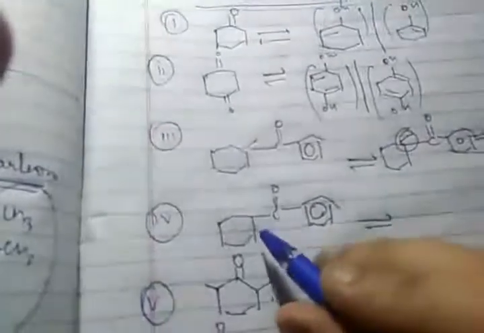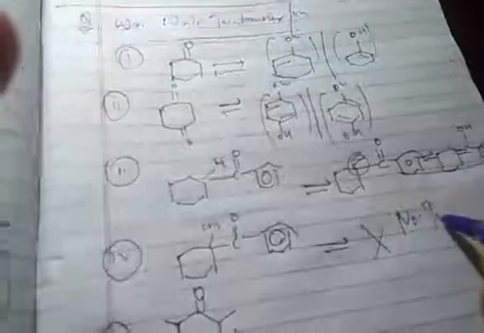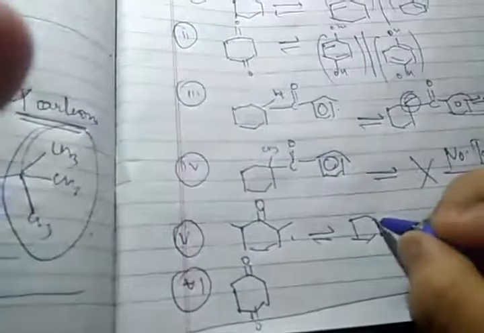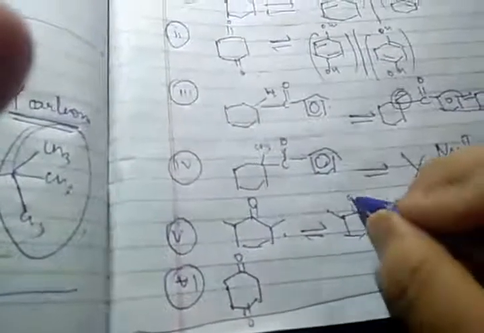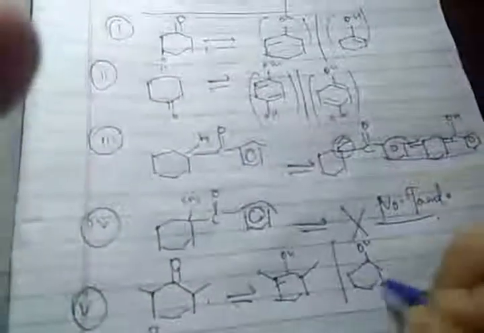Now in this question, over here it is H, over here it is CH3. Is it a tautomer? No. In this case, is it? Yes. Or these two.